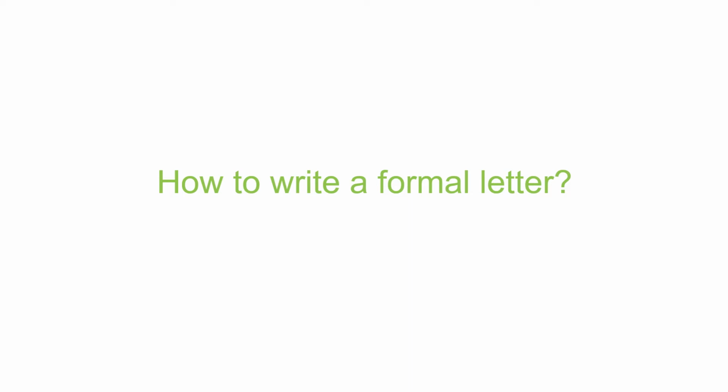Now let's see how to write a formal letter. Let's first understand the format of the letter. A formal letter must have 8 things in it. Let's see them number-wise.